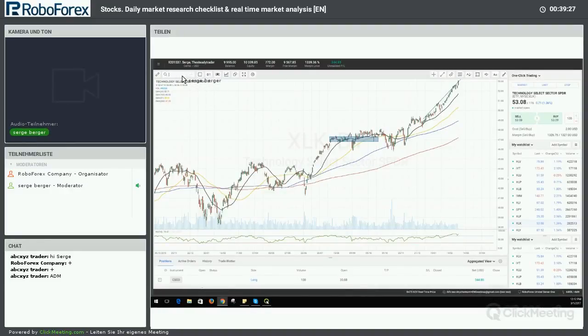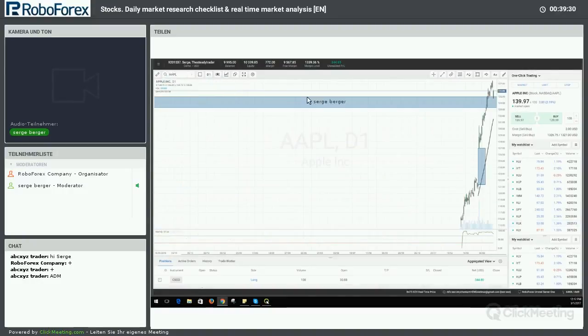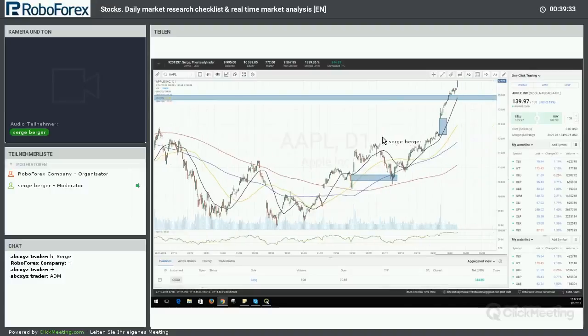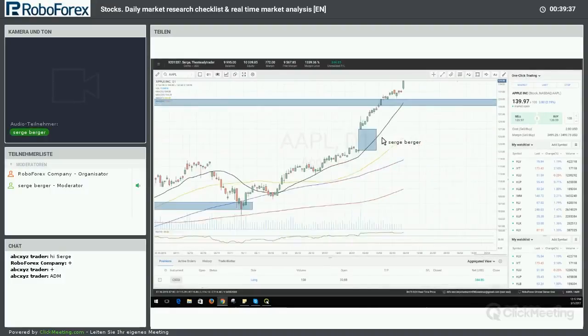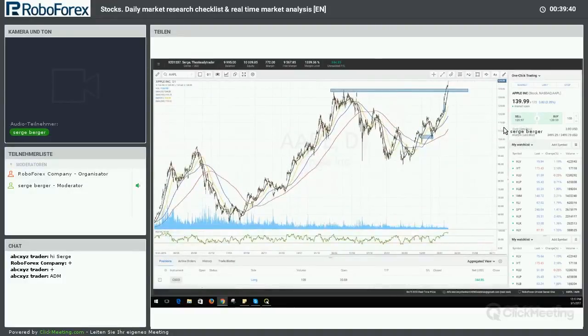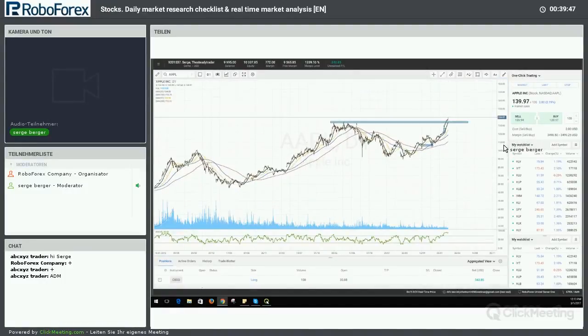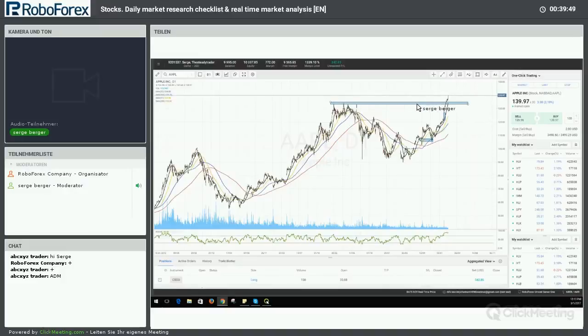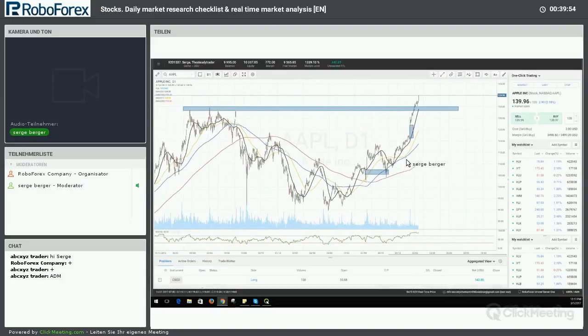One logical ticker that comes to mind would be Apple, because Apple very much reflects this price action in the technology stocks. This is something we've talked about for the past few weeks as well. We said that on a sustainable basis, it's very difficult to imagine that Apple will ultimately be able to hold above these highs after having traveled so far over the past couple of months.